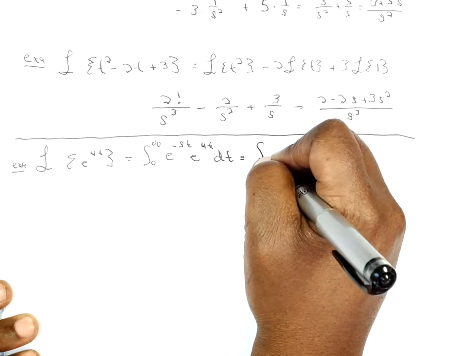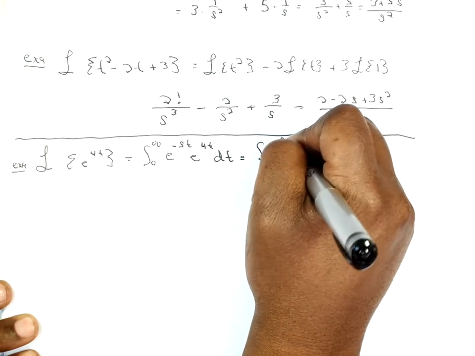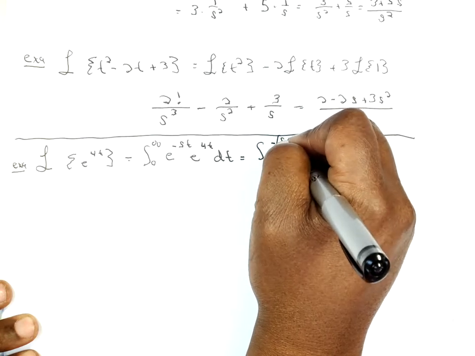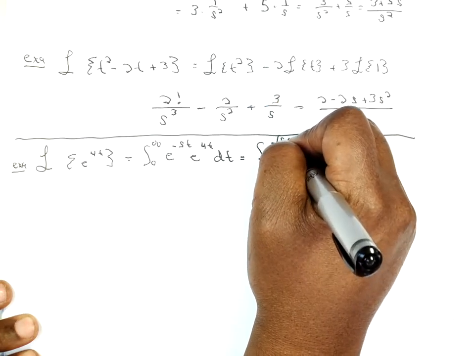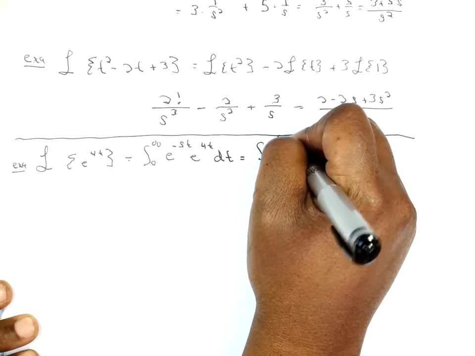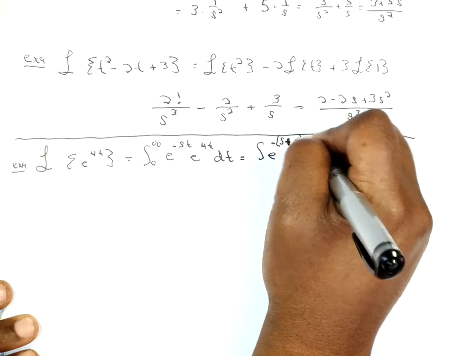So I can put those together because they have the same base. So I get e to the negative s plus 4 times t.